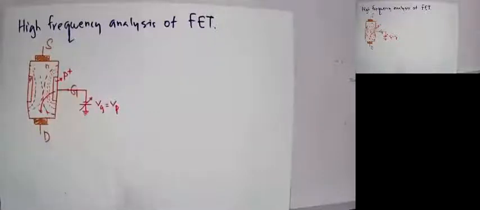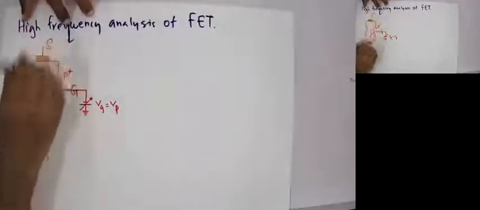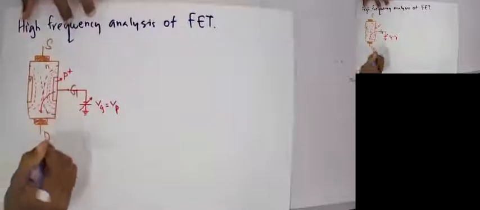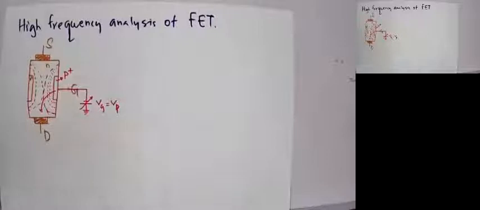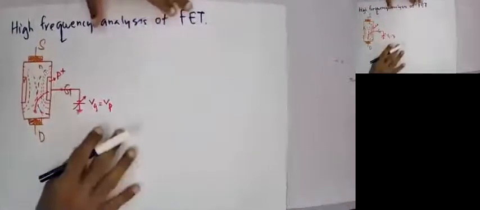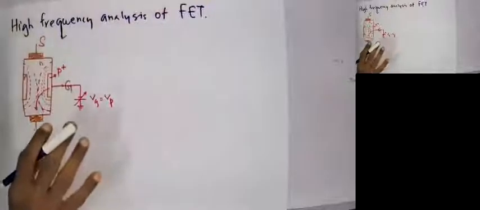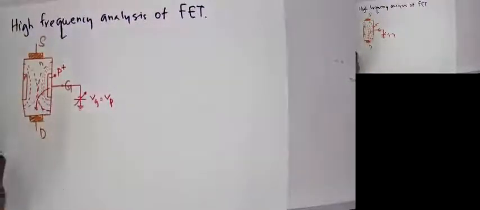But in a field effect transistor, only the majority charge carriers play the role. If it is N channel, the electrons dominate the conduction. If it is P channel, the conduction will be dominated by the holes in the channel, right? Okay, now we'll see the equivalent circuit of a field effect transistor.